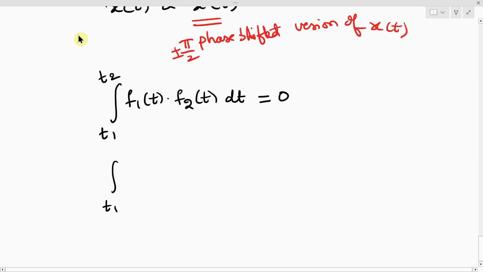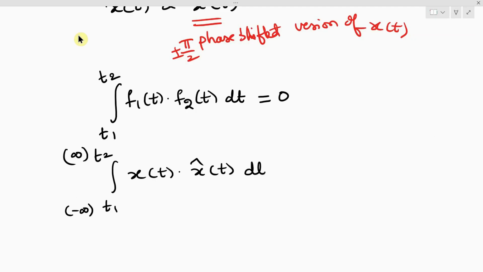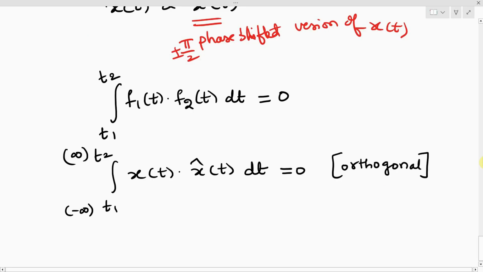So from T1 to T2, or you can even write from minus infinity to infinity, x of t and its Hilbert transform, the dot product should be equal to 0 because they are orthogonal. Okay.